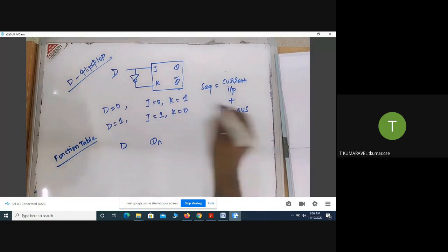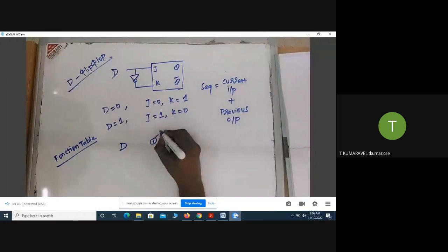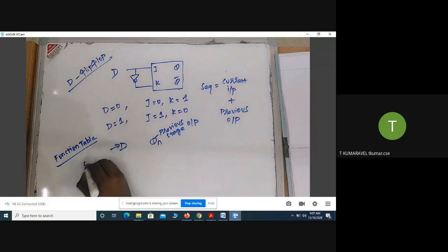Based on that, it prepares a next state output. That's why I'm taking Qn. This is called the previous state output, and this one is called the current input.